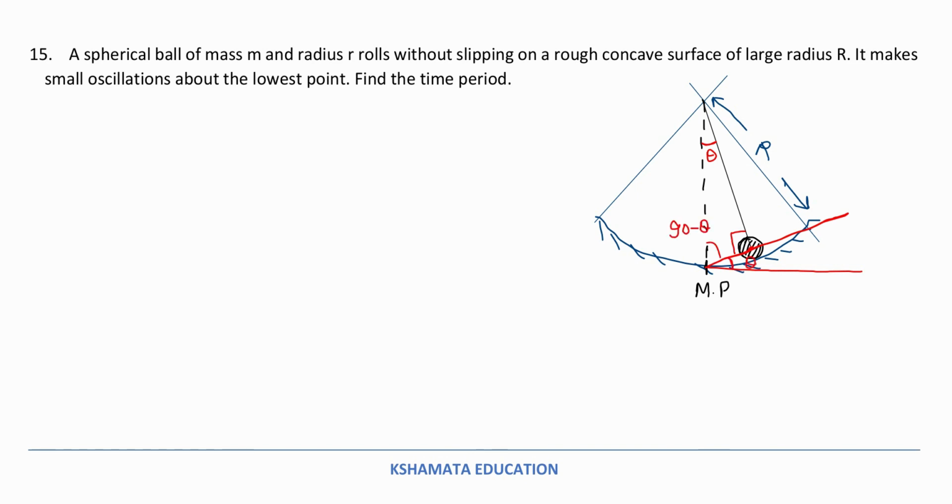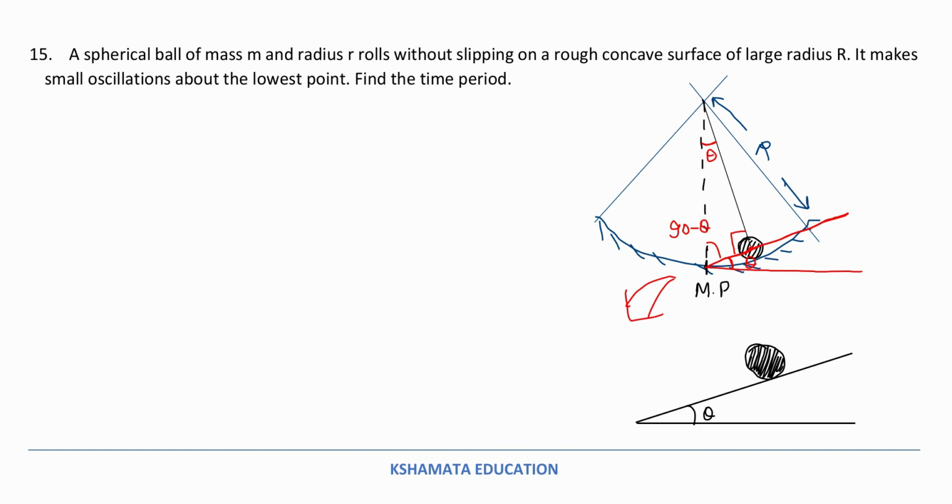So I am trying to redraw this sphere on an inclined plane like this, where we have converted the concave surface diagram into an inclined plane diagram.